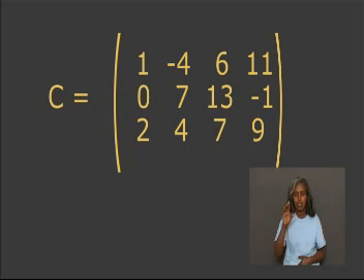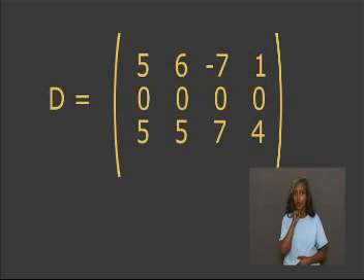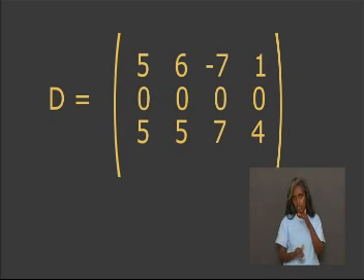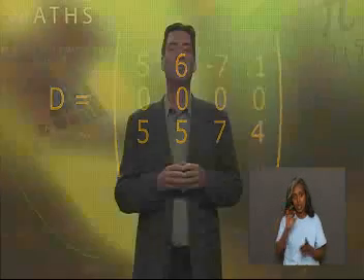Matrix C is not in echelon form because only one row has a 0. Matrix D is not in echelon form because the 0 row is in the middle, not the bottom. Finally, none of the matrices fits the requirements for row-reduced echelon form.